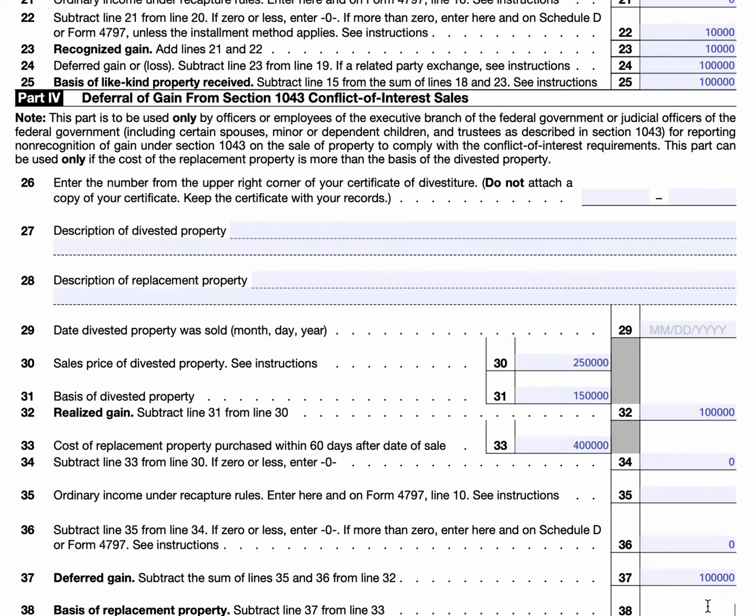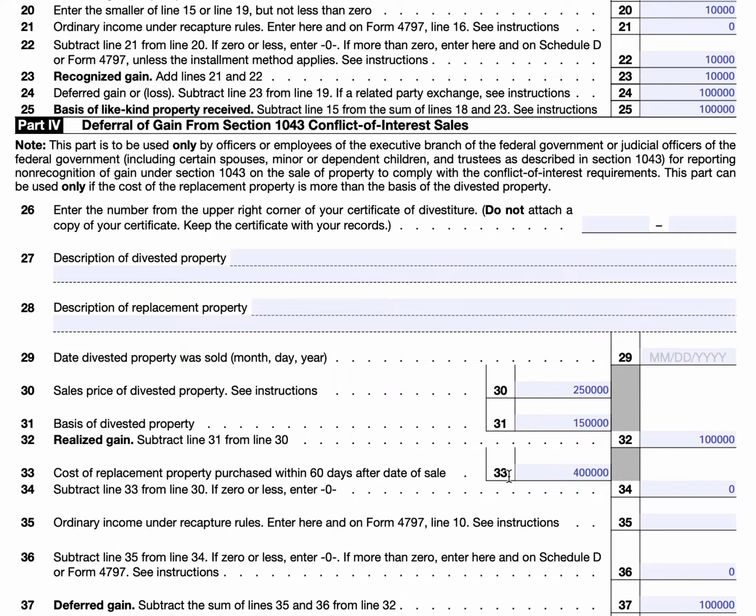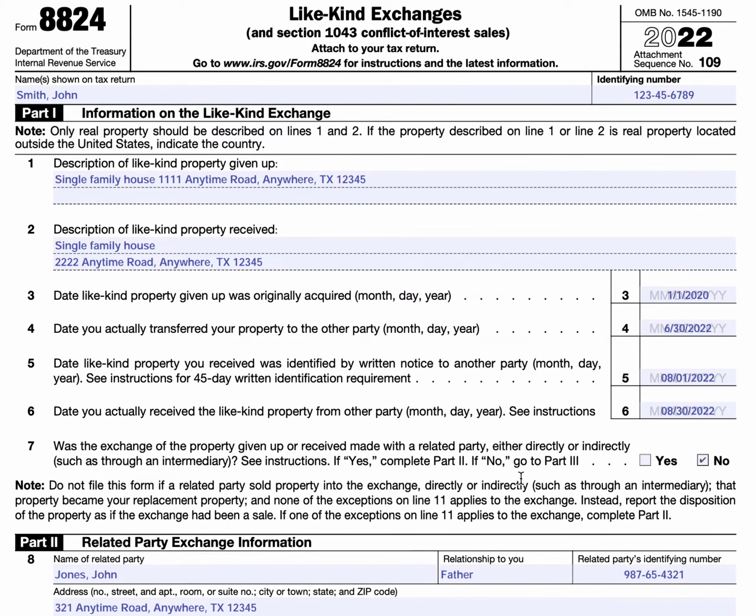And this is your basis of your replacement property. So again, most taxpayers will never see Part 4. And if you do see Part 4, you're likely going to have your tax preparer complete this on your behalf. When you're done with this form, you would submit it with your income tax return for the year that you're reporting. So that's all we have for this form.